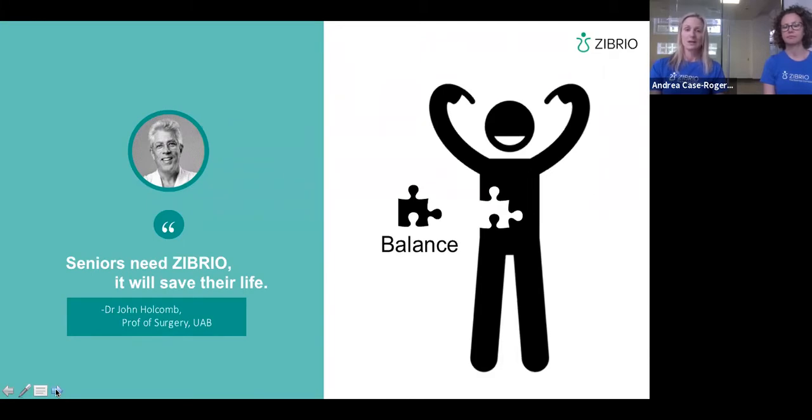There is a quote on this slide from a very well-known trauma surgeon, Dr. John Holcomb, and he said, seniors need Zibrio. It will save their life. If you can identify who's at risk, if you can help improve their balance, you can prevent falls. So you become the balance hero to really help your clients and potentially even save their life. So with that, let's open up some questions.